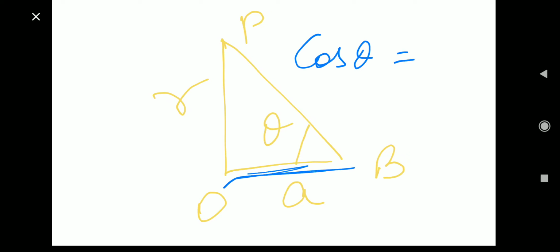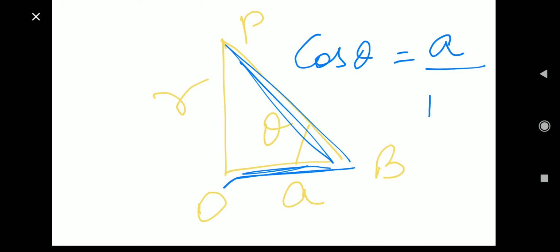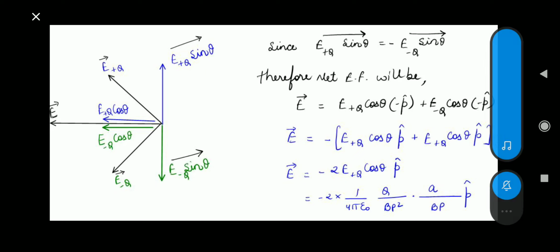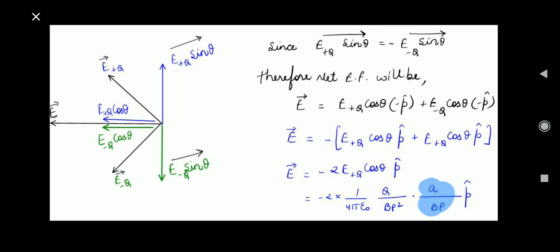You can see base is A, so A we have written, and hypotenuse is BP, so BP is written. Like this we can find the value of cos theta. Then the value of cos theta is written here, A upon BP.